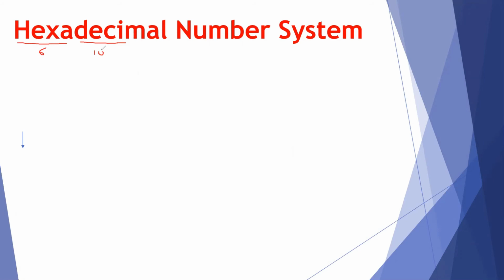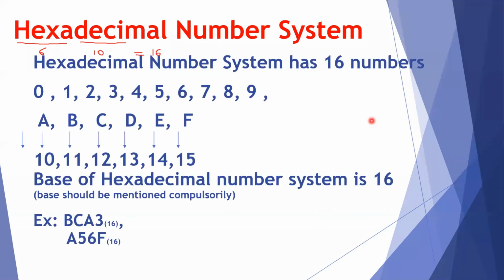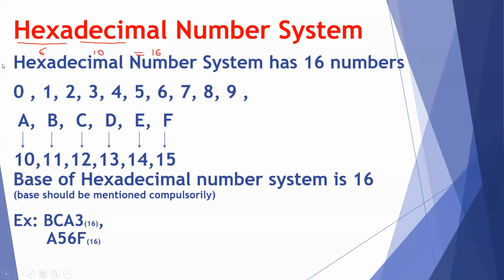Okay, so in total there has to be 16 numbers. Now let us see what all 16 numbers are there. So the hexadecimal number system has 16 numbers.